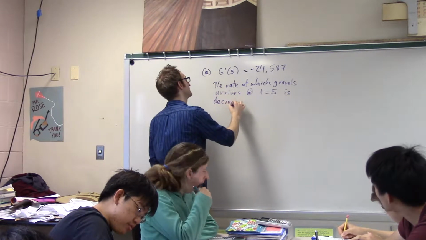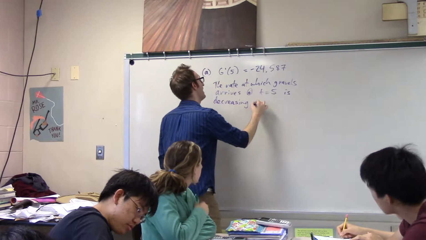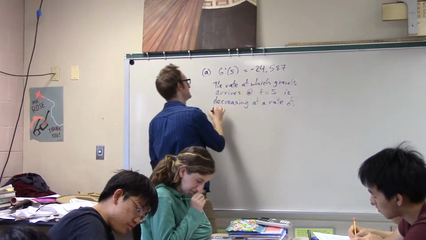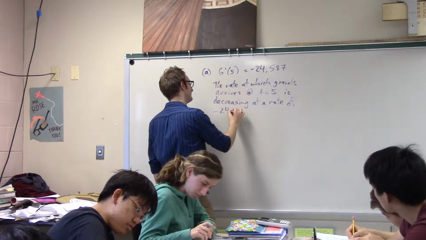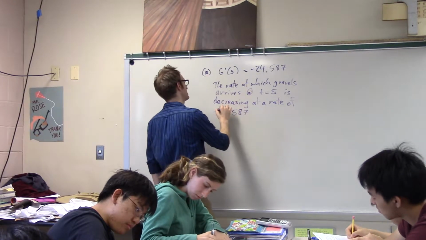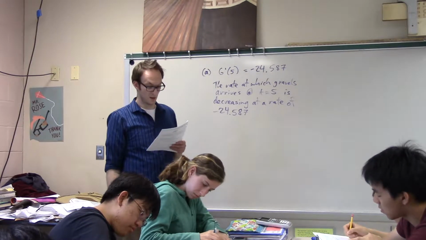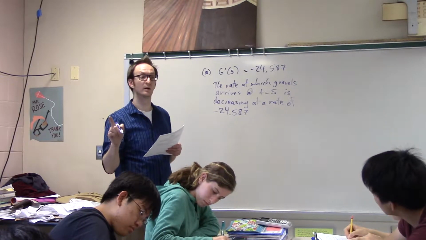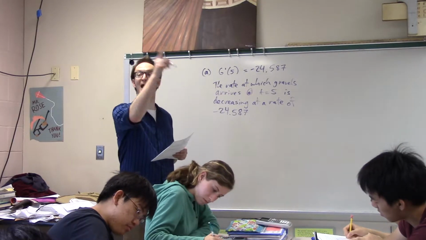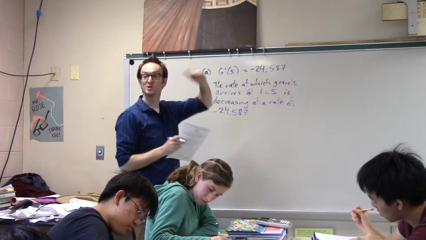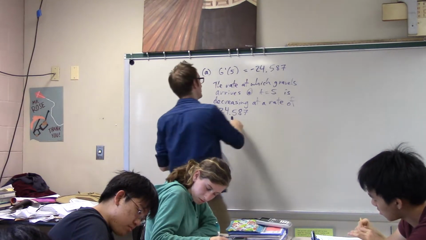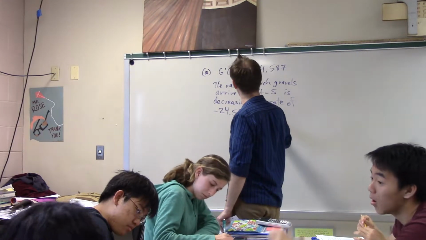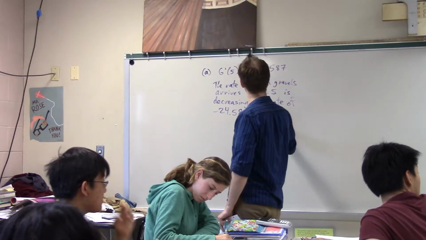And it's decreasing at a rate of -24.587, and what are the units? Per hour. Or tons per hour. Tons per hour per hour. Tons per hour per hour, because G is tons per hour. So the rate at which the gravel is arriving is decreasing at a rate of tons per hour per hour.